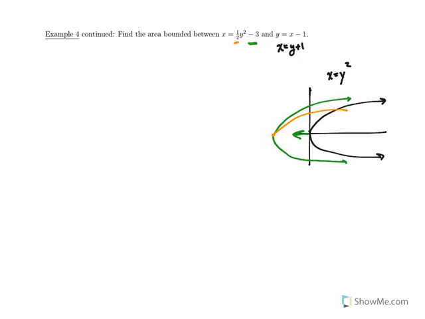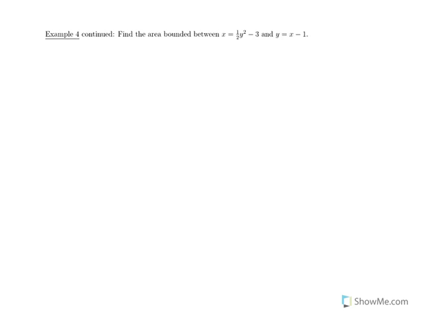That's going to make this a little bit skinnier. Drawing this problem, drawing these functions, we're going to get the exact same picture that we had before, but our functions are going to be a little bit different.